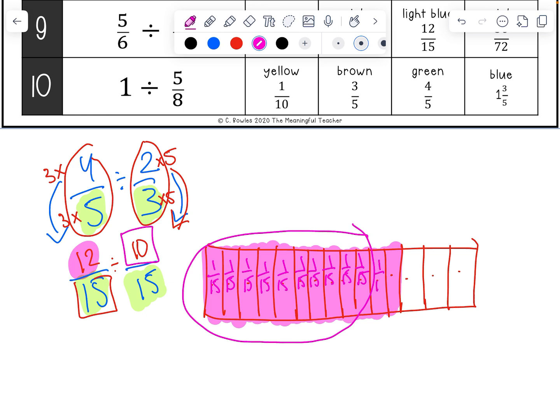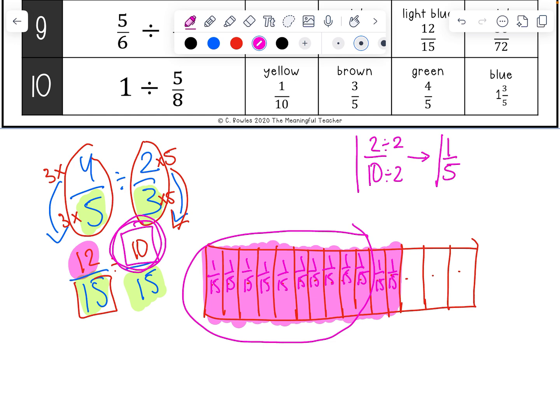And then I have 2/15 left over. So that means I was able to make one whole group. And then I had 2 left over out of my group size of 10. So I had 2 over 10 left over, 2 out of a group of 10. And I know that I can make this smaller. I can reduce this. So I'm going to divide the top and bottom by 2. And now I have 1 and 1/5.